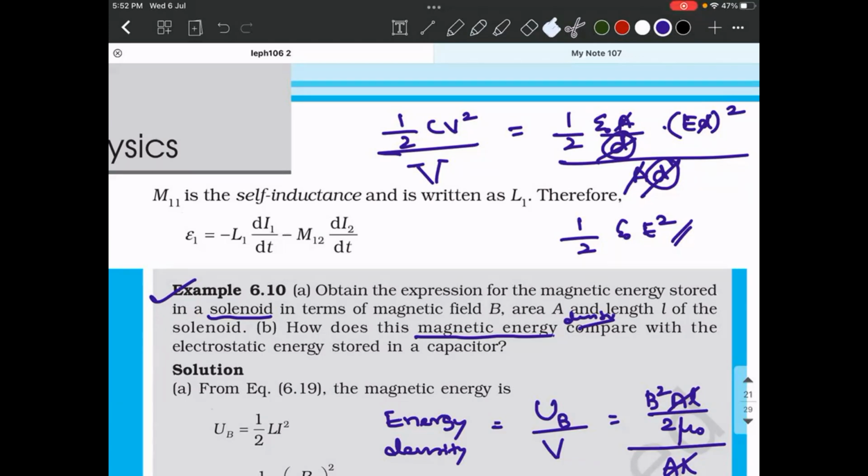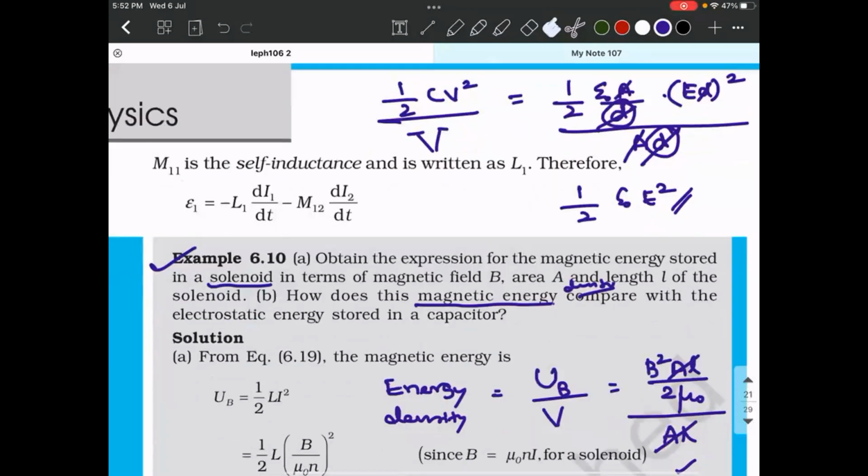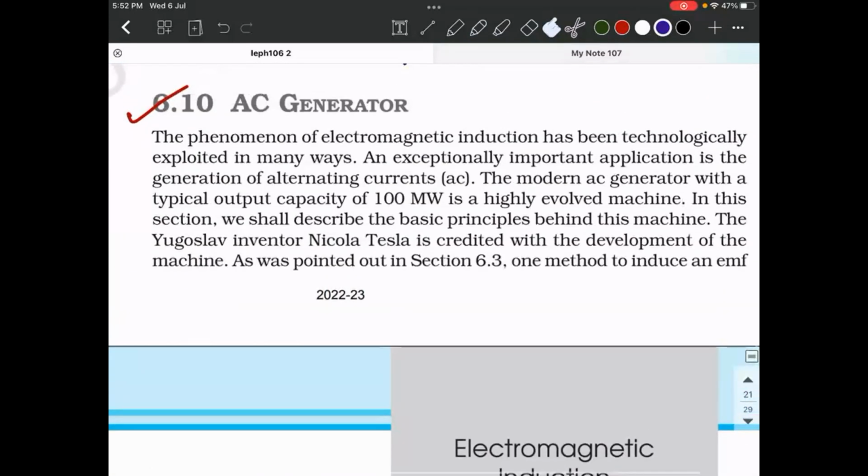Listen. Now, there are two more topics that are left out. One is AC generator, and the second is called eddy currents. Okay. So first, we will see what an AC generator has to tell us.